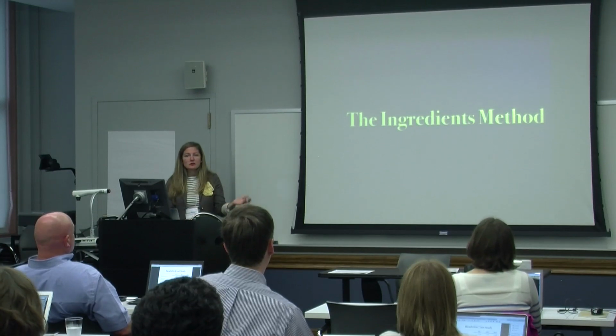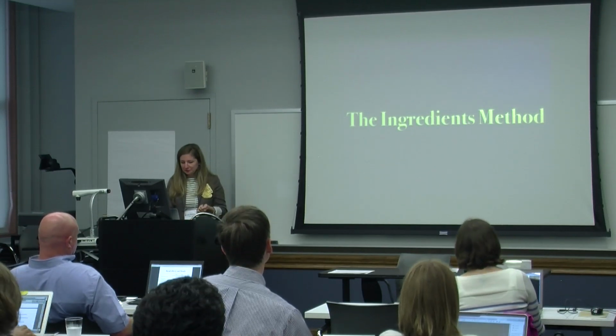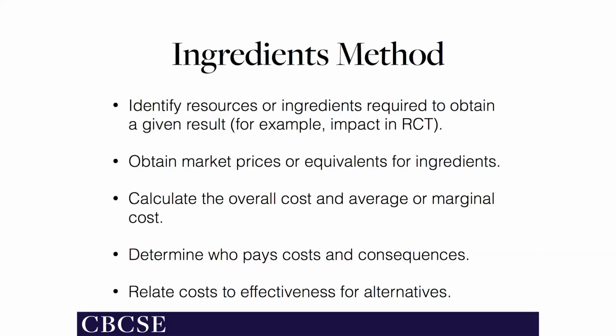Okay, so that brings us to the ingredients method. All right. So generally you're going to want to go through and identify all of the different resources that we're calling ingredients that would be required to obtain a result. Now, as Clive mentioned this morning, you're going to want to always go back to your theory of change.